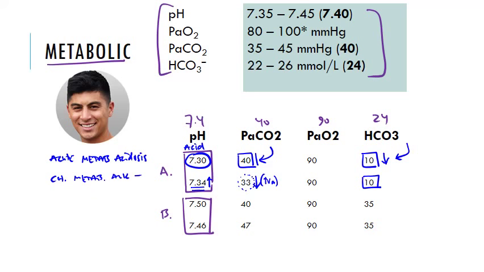alkalosis. Moving downward, checking the pH in patient B, we can see that this is an alkalotic patient. And I would actually just like to say that this is acidosis, pardon me. In patient B, we have a pH which indicates an alkalosis.